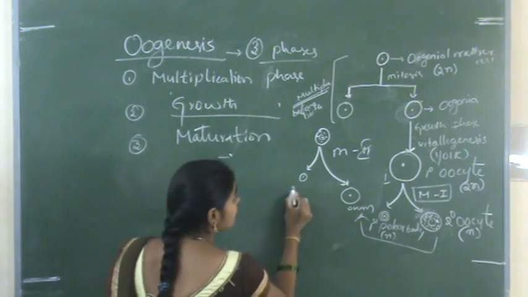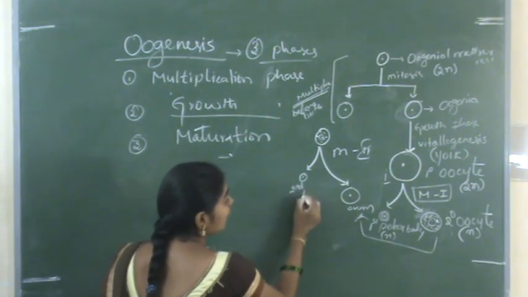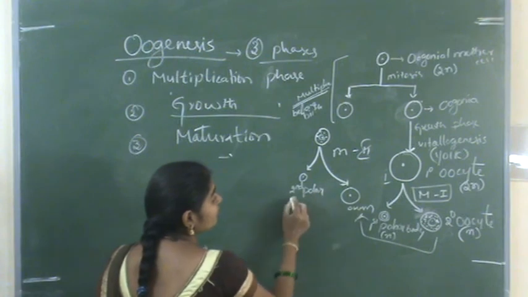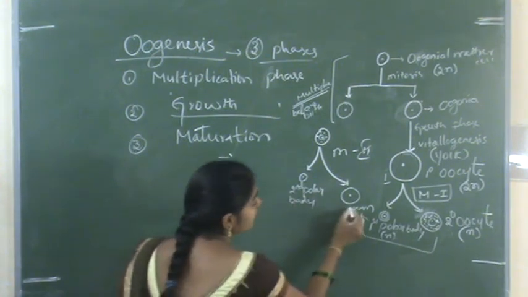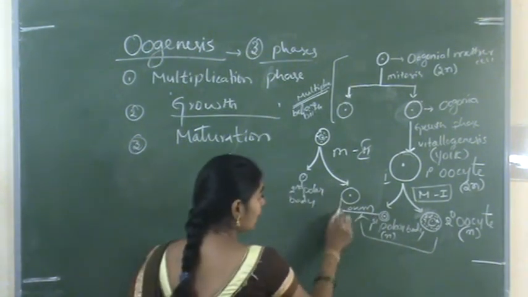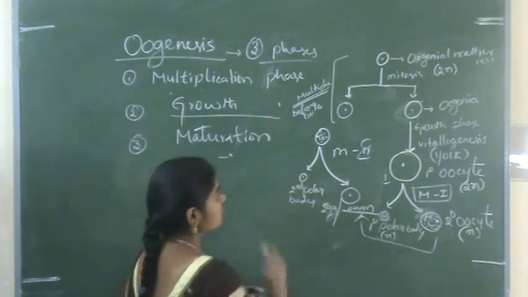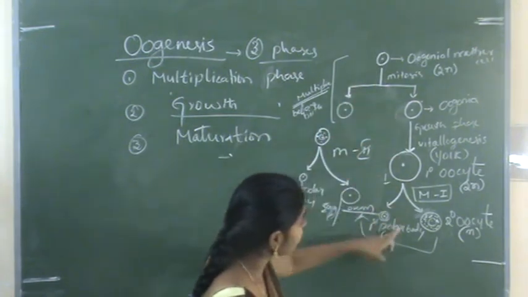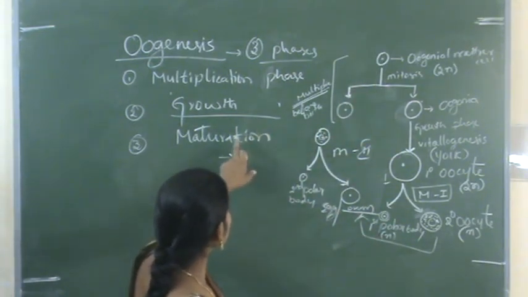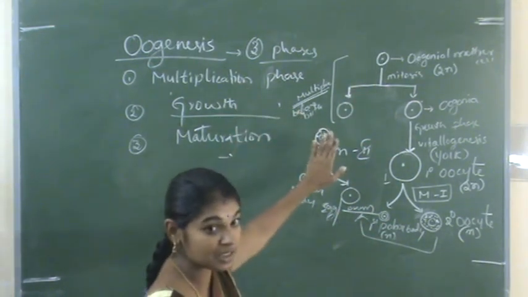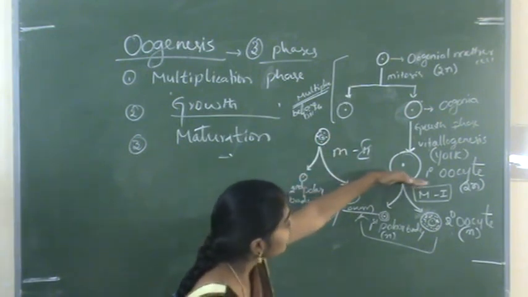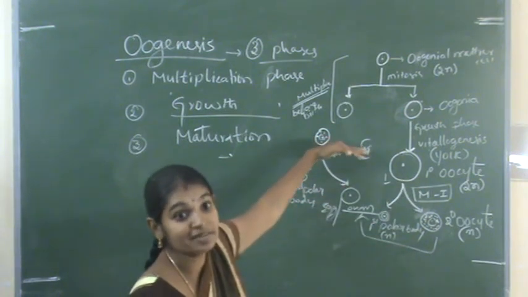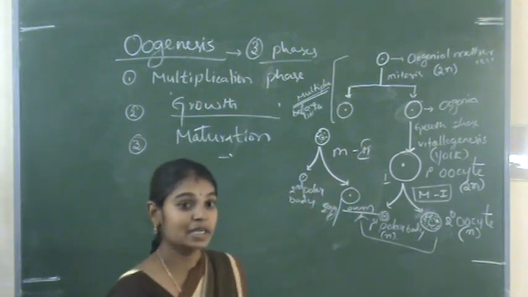This is known as the second polar body, and this is known as the ova or egg. So this is the process of oogenesis. Here these are the events: multiplication phase, growth phase and maturation phase. And from here it is known as the maturation phase, where the meiotic division takes place.